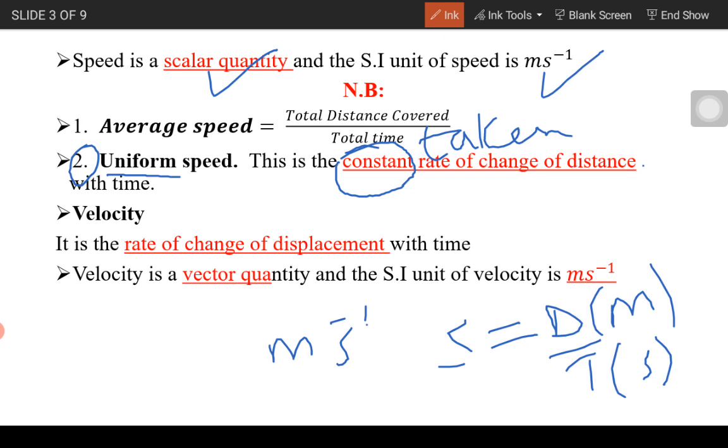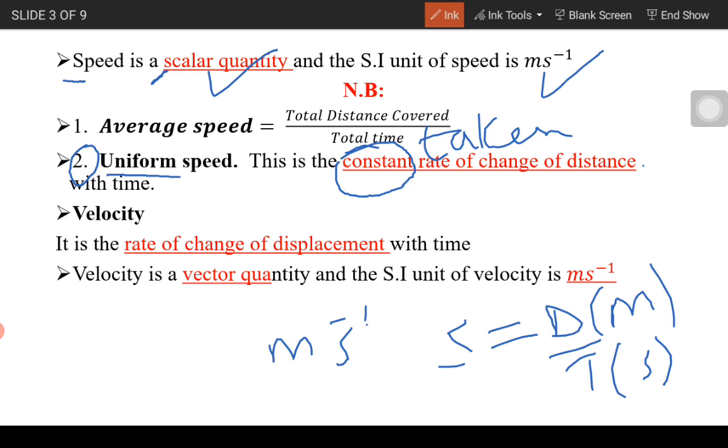Okay, we have looked at speed. What is important is that speed begins with the letter S, and it is a scalar quantity, S for S. Now we are going to something that we call velocity. This velocity is not very much different from speed.